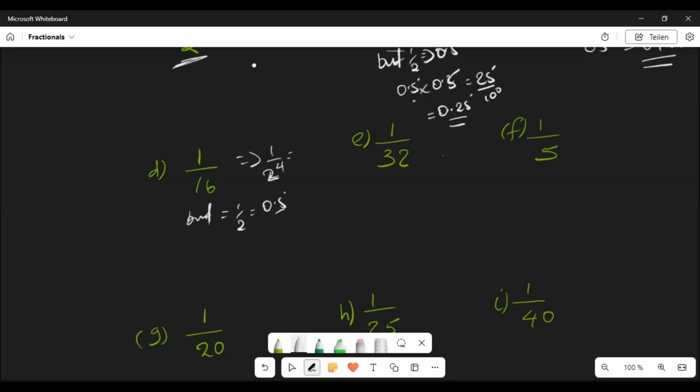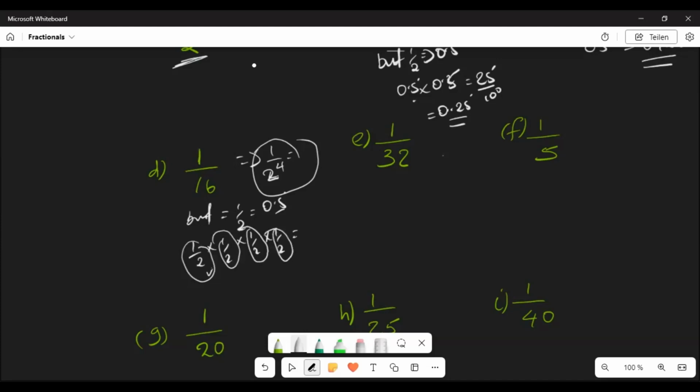So 1/2 to the power 4 can be written as 1/2 multiplied by 1/2 multiplied by 1/2 multiplied by 1/2. Each of these alone is 0.5 in decimal.